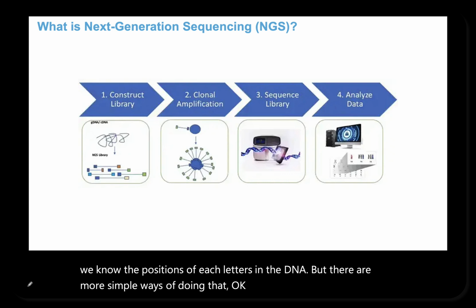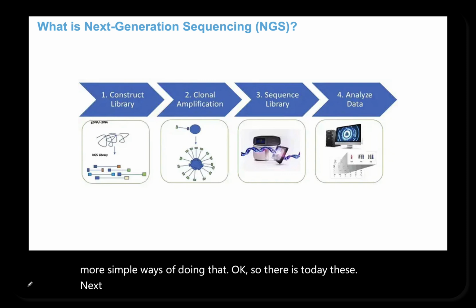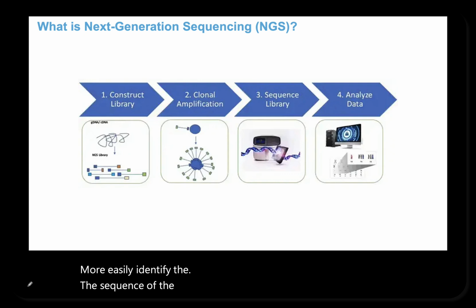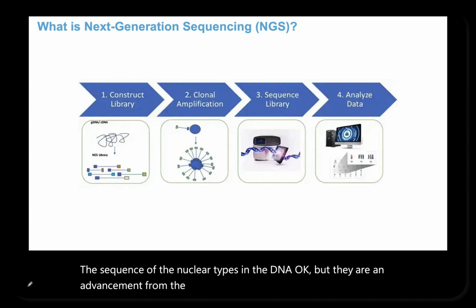Today there are next generation sequencing instruments that help us more easily identify the sequence of the nucleotides in the DNA. They are an advancement from the first Sanger sequencing developed by that scientist.